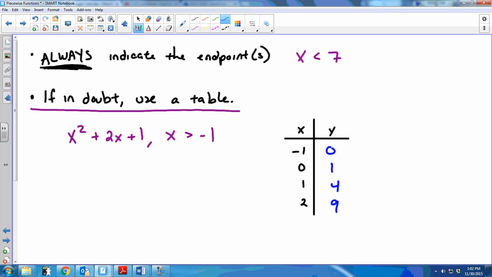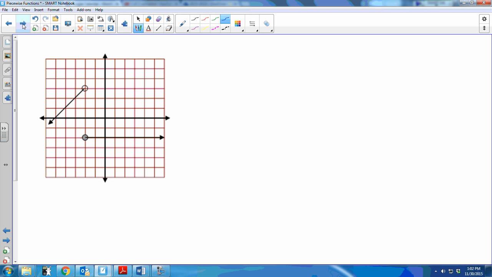All right, I've got one more example then, the one at the bottom. Here we have a piecewise function, and we have to write the equation for it. Okay, it's already graphed. We're going to write the equation. It doesn't really matter how you approach this. You just have two different pieces, right?